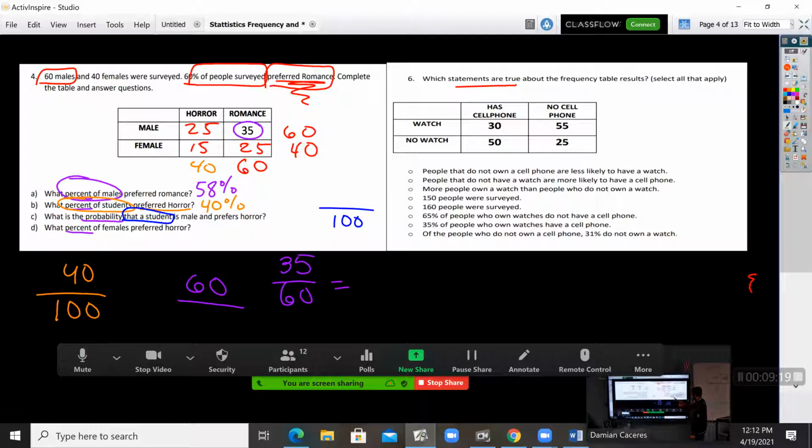And now, is male and prefers horror. So there's something important to explain here. If you say and, you're looking for one specific box where these two things meet, male and horror. So male horror is 25. Now 25 over 100, you have to simplify it, not make it a percent because it's not asking for a percent. So that would be 1 over 4.